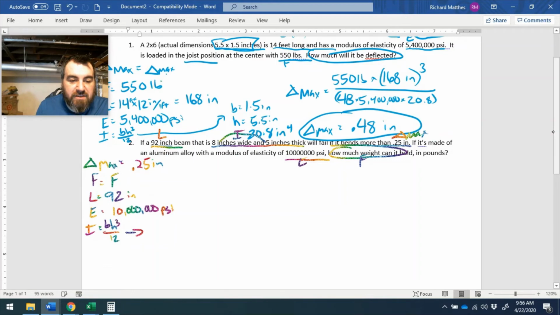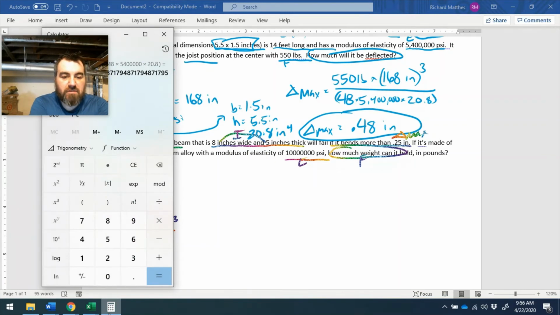All right, and so that means base here. So we have wide and thick. Well, if we say something is 8 inches wide, that's going to be our base, and the thickness is going to be our height. Okay, so we're going to get 8 times 5 to the third over 12. So that's going to be what? 125 is 1,000 divided by 12.